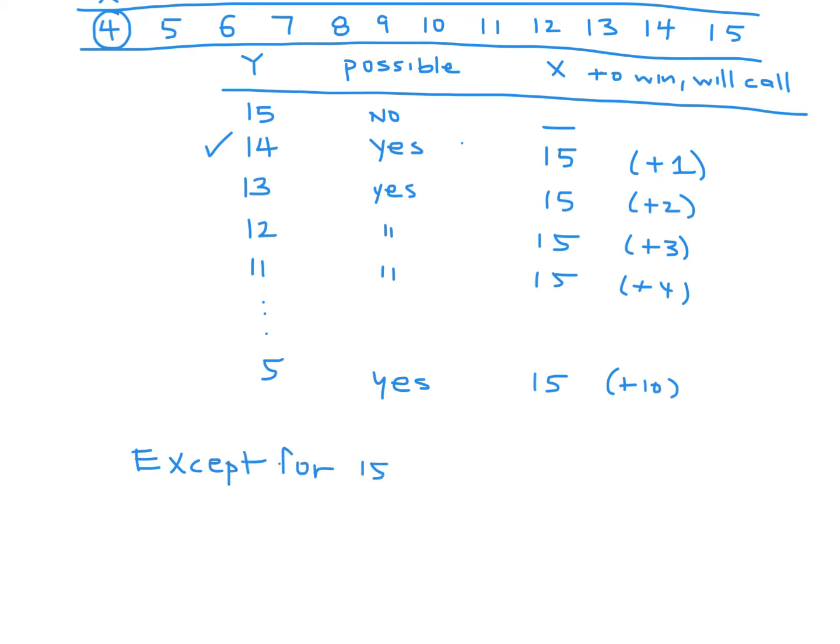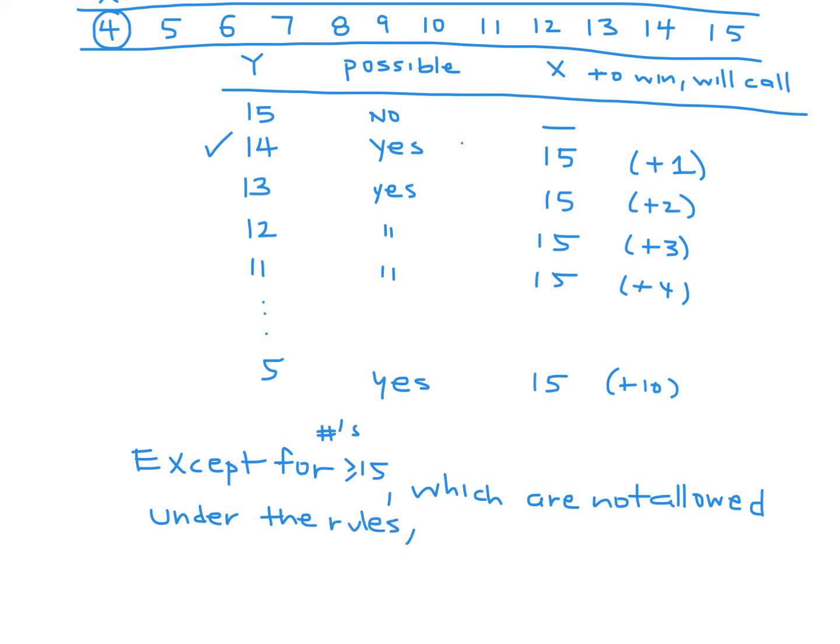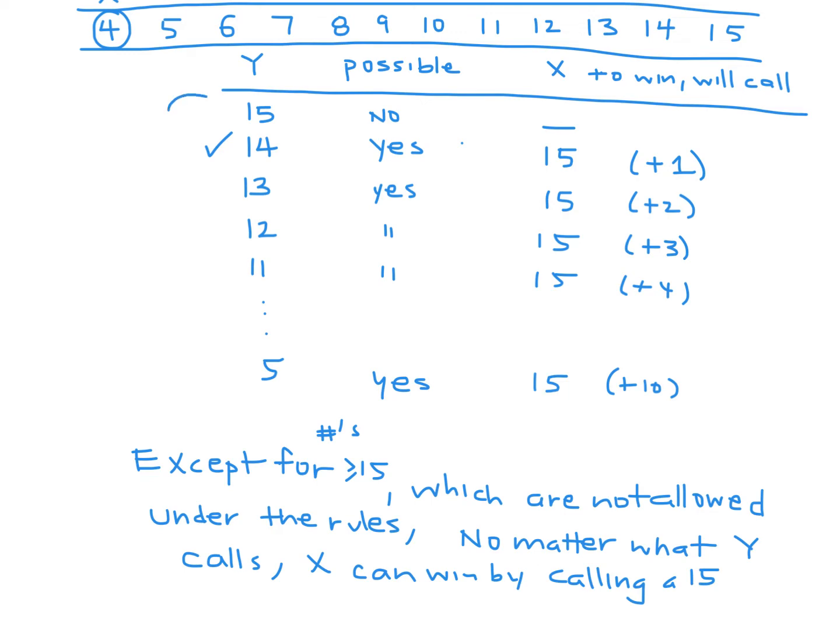Except for numbers greater than or equal to 15, which are not allowed according to the rules of the question, because the number has to be anywhere from 1 to 10 greater, no matter what Yolanda calls, Xavier can win by simply calling a 15 according to this table.